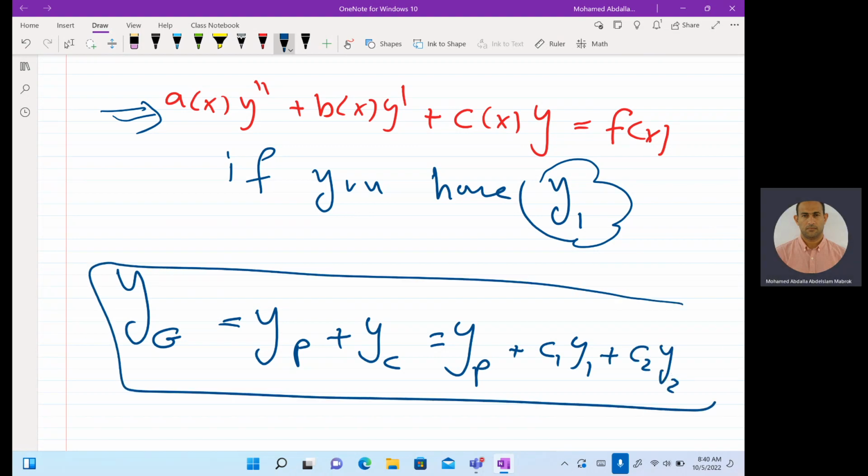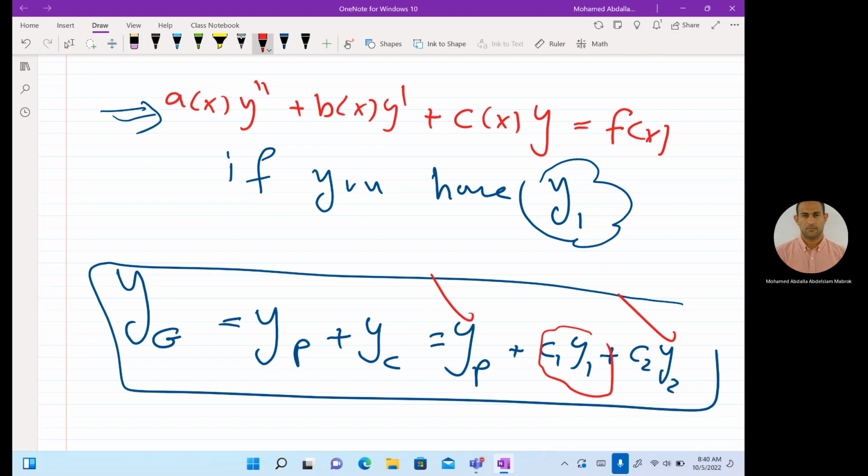That's the expected solution. If we can know some information about one of the solutions of the yc, then we can easily go ahead and find the y2 and also find the yb. Okay, so that's what case 2 does.